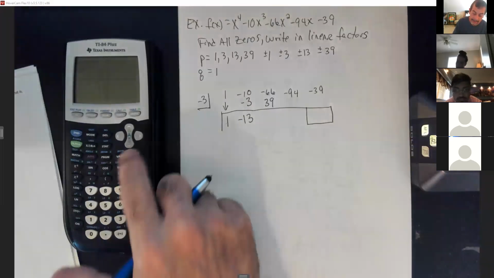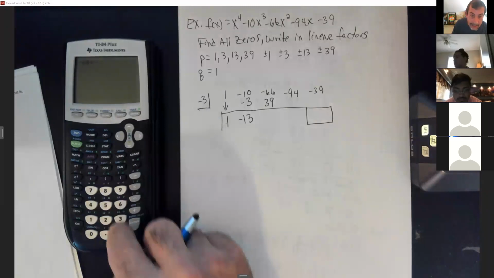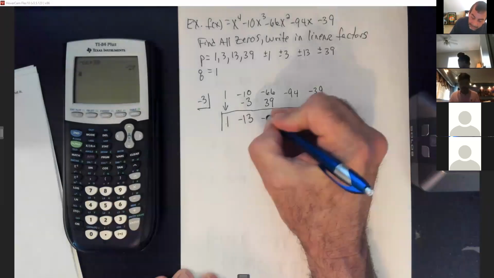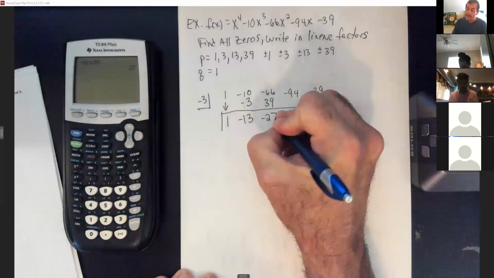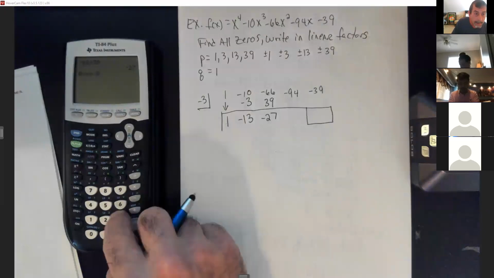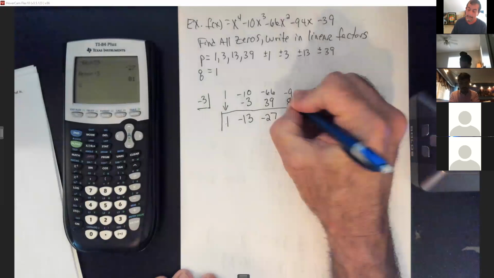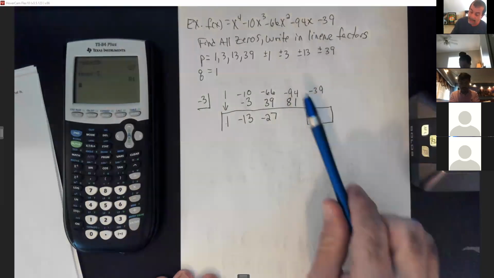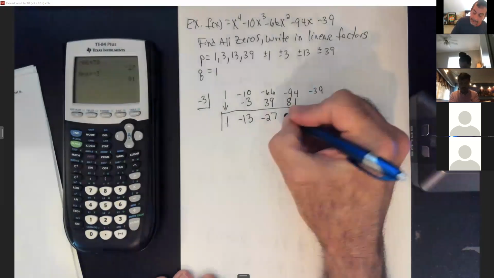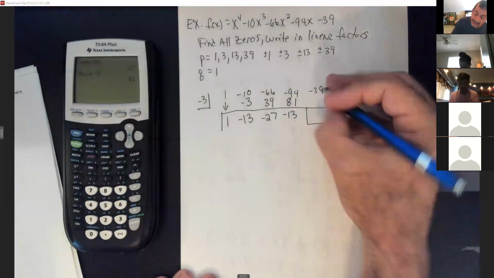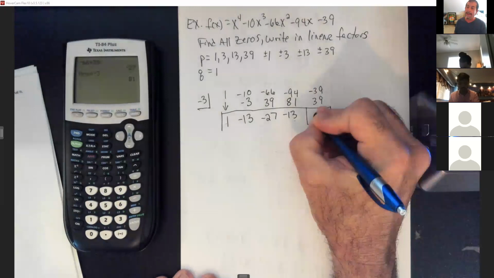So negative 66 plus 39, what's that give me? Negative 27. Negative 27 times negative 3 is a positive 81. There you go, because that's what, a negative 13? Negative 13 times negative 3 gives me 39, and I got a 0 remainder.